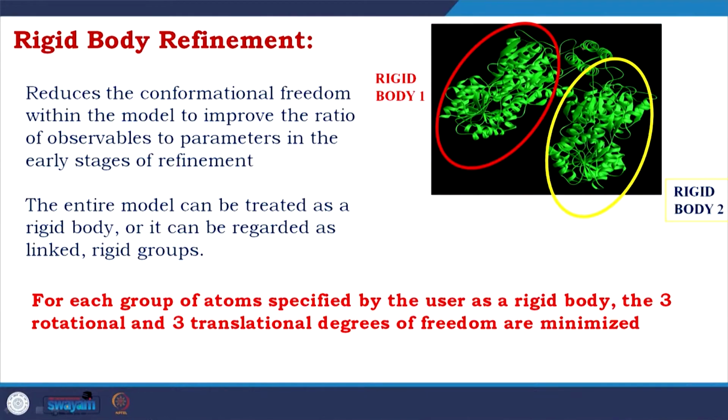So, what is the difference between rigid body refinement and normal refinement? In normal refinement, you allow every rotation and translation. Here, you are not allowing the rotation and translation of the molecules inside, because you want to see the movement of one rigid body with respect to the other rigid body.